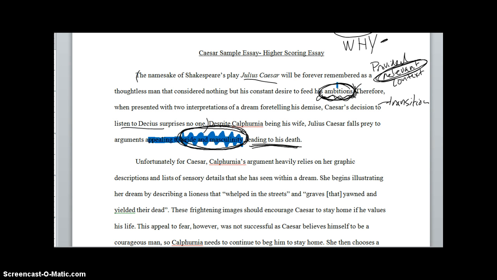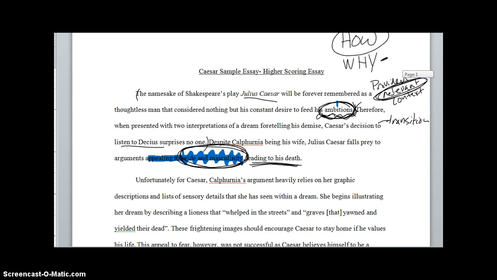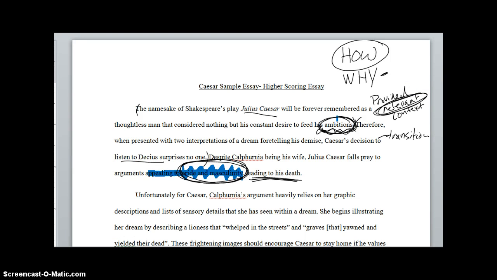So now we're going to take a look at the body paragraph. And this is where you want to have those two highlighters, right? So in this circumstance, the how is going to be yellow, and the why is going to be green. Remembering that the how, that's the evidence, right? So anytime the writer of this essay provides any type of evidence in the form of quotes, paraphrasing, or summary, that would be the how.